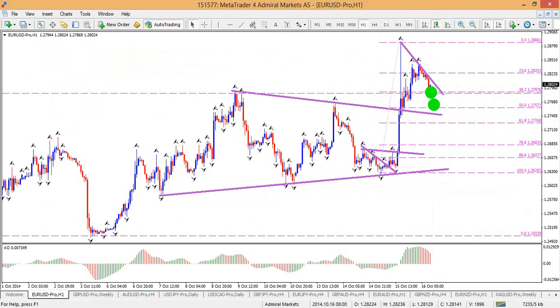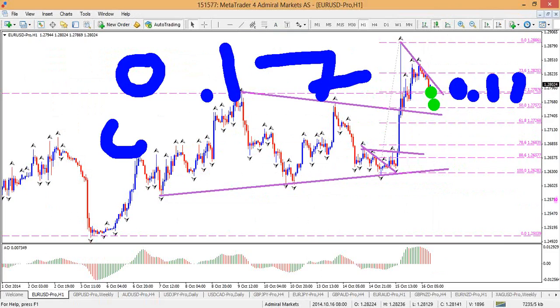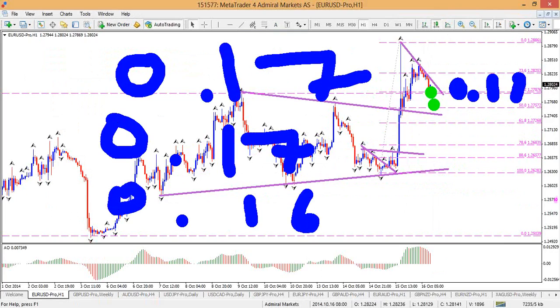So if your standard risk for any trade is 0.5%, then you have to split that 0.5% somehow over 3 parts. That could be 0.17, 0.17, 0.16, for instance.